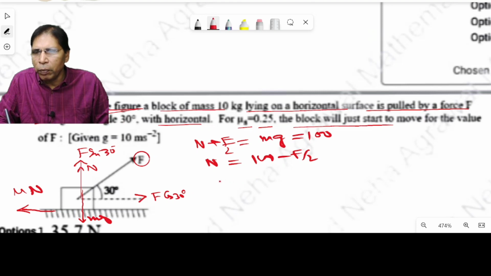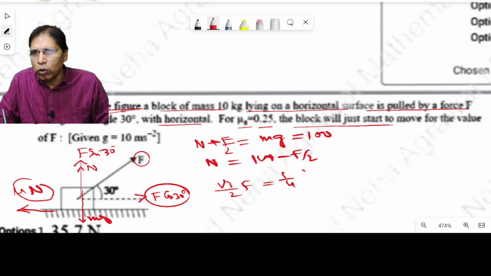The block will move if these two are equal. So root 3 by 2 F equals mu, which is 1 by 4, into (100 minus F by 2). So that is 25 minus F by 8.